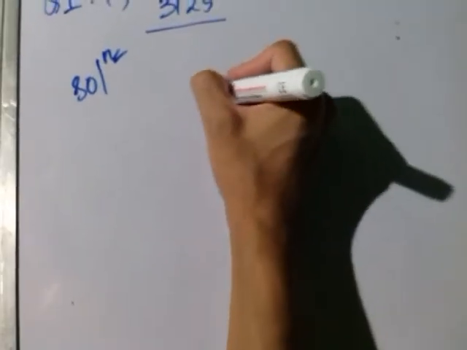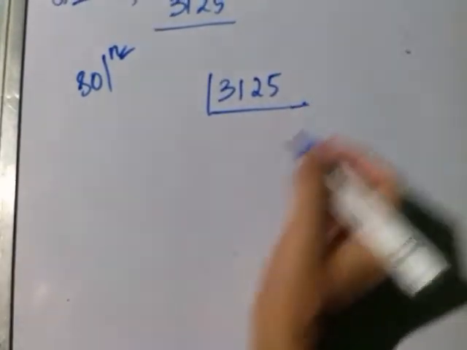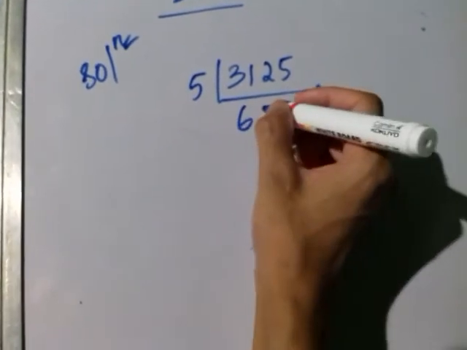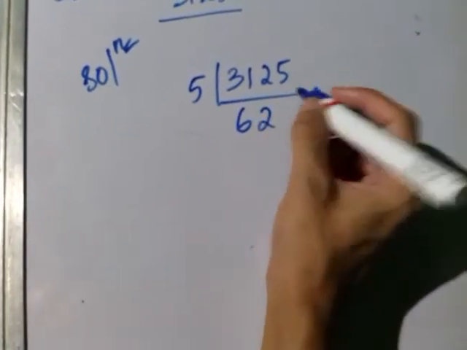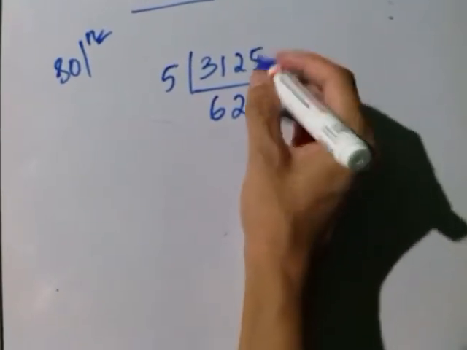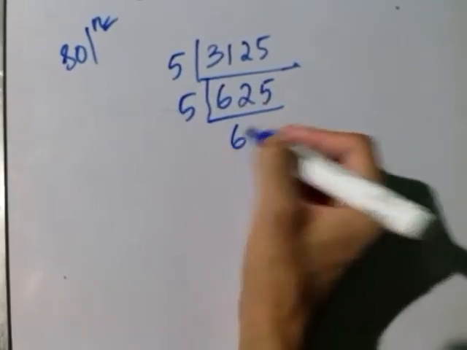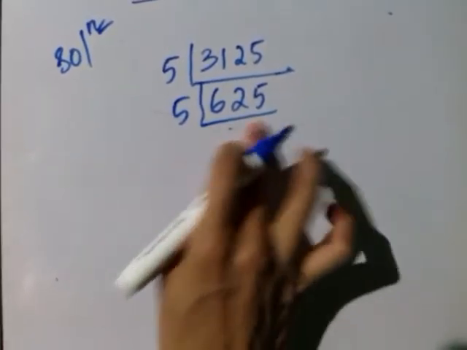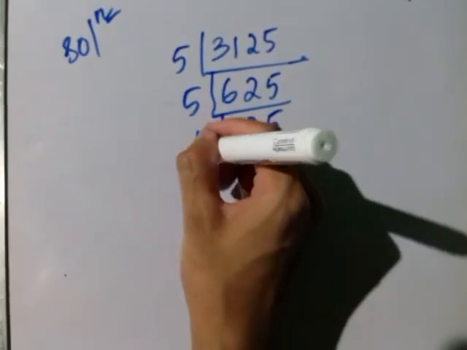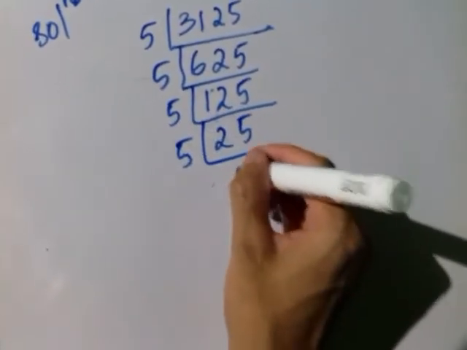So we will take out the prime factorization of 3125. How to take out prime factorization? First you will divide by 5. 5 ones are 5, 5 twos are 10, 5 fives are 25, then 5 twelves are 60, 5 fives are 25, and so on.